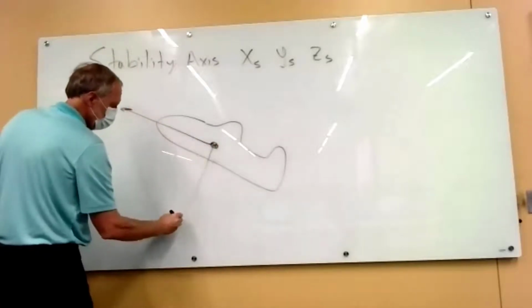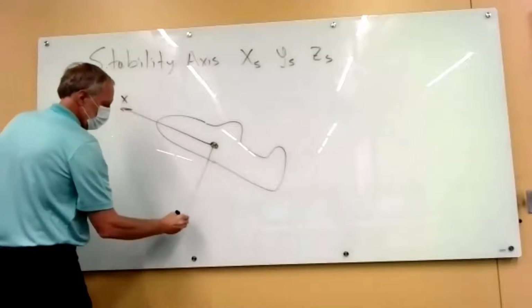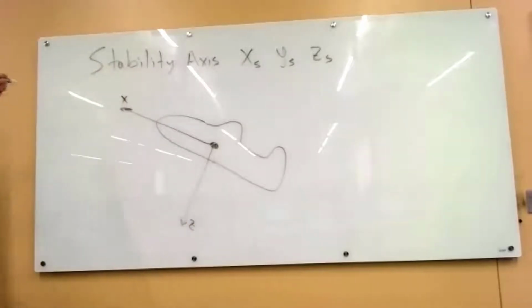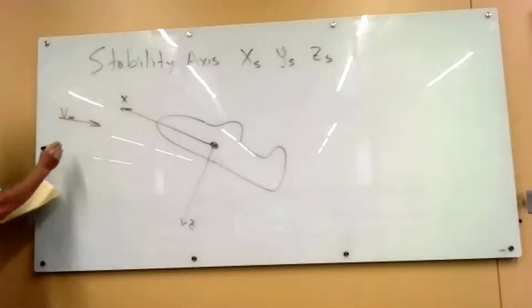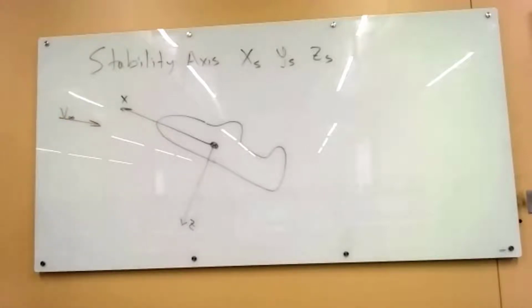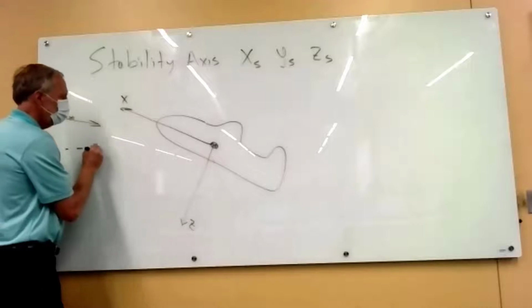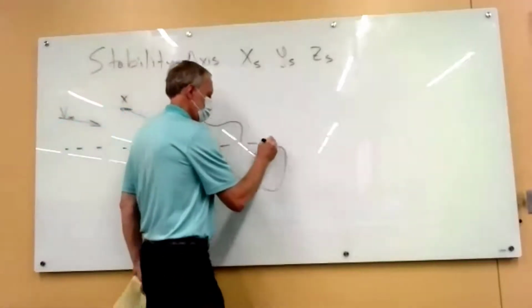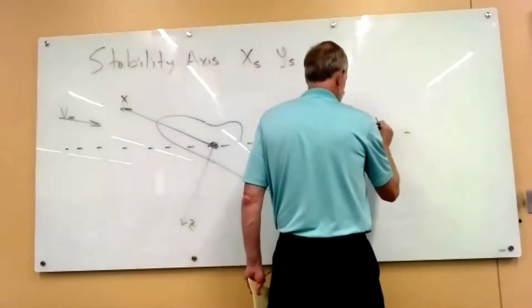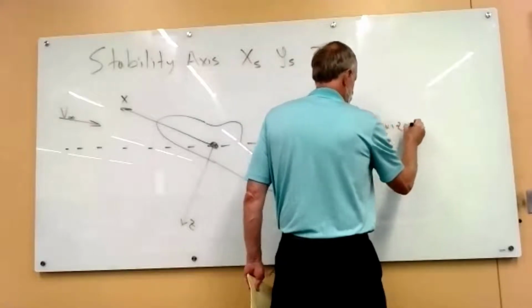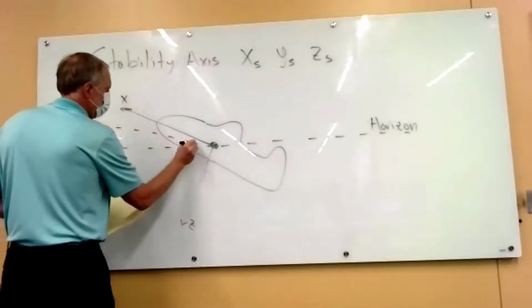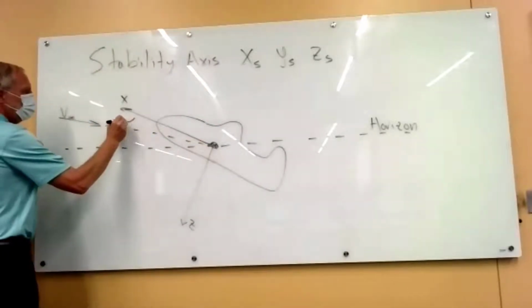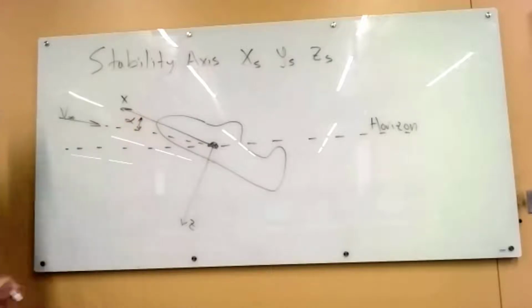Here's just the normal arbitrary XZ, and then Y is perpendicular. And the velocity of the air looks like that. And then here's the horizon. So extend this line in like that. So we would refer to this as the angle of attack.